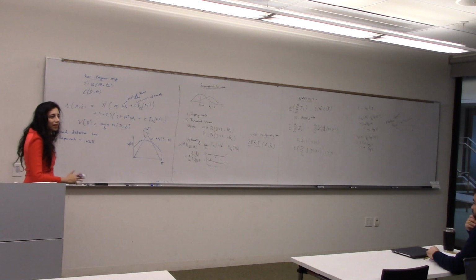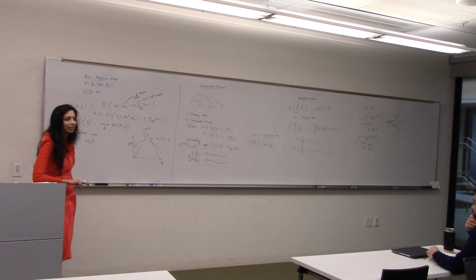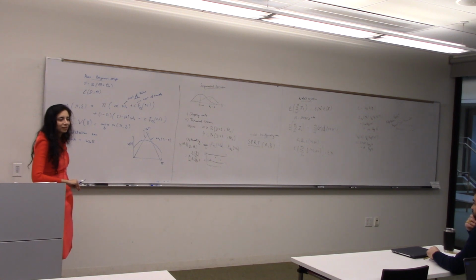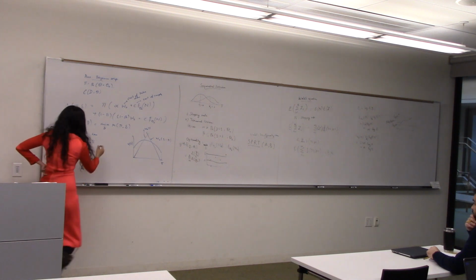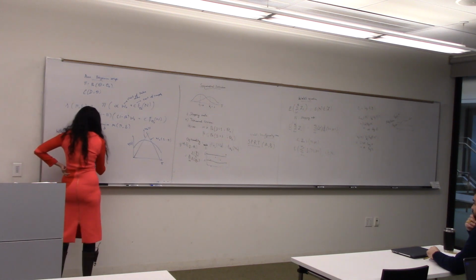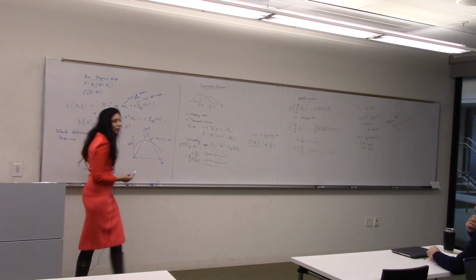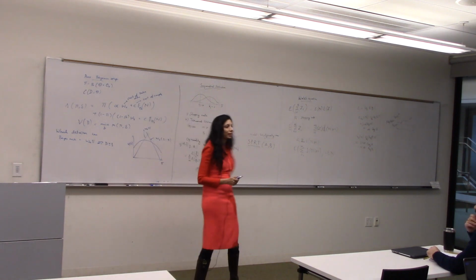Can I think of a simple detector that does this? You always guess theta 1. Exactly, right? So the detector always has the output to be theta 1.